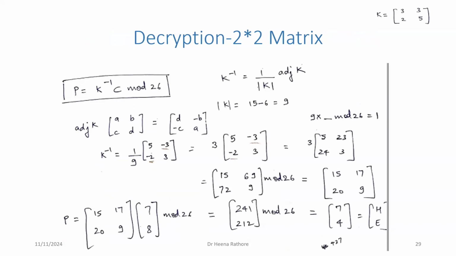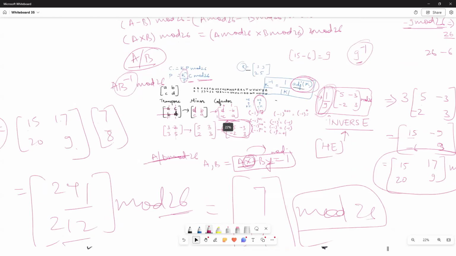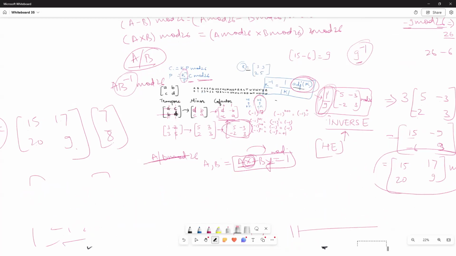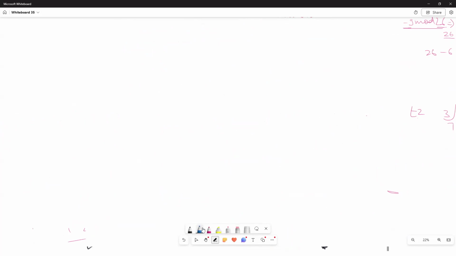Let me open my whiteboard once again. Okay, so a question for each and every one. This is with respect to when you are doing some kind of calculation, like the determinant value. As I mentioned, your K inverse is 1 over the determinant value of K times the adjugate of the key.